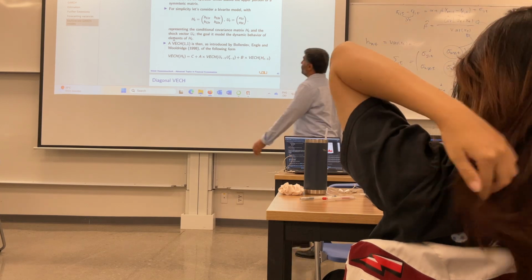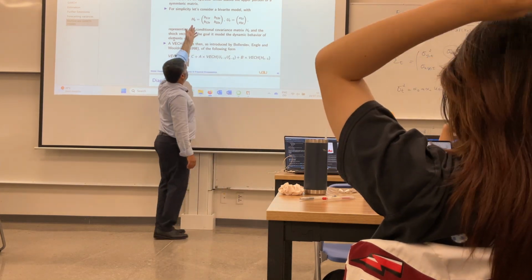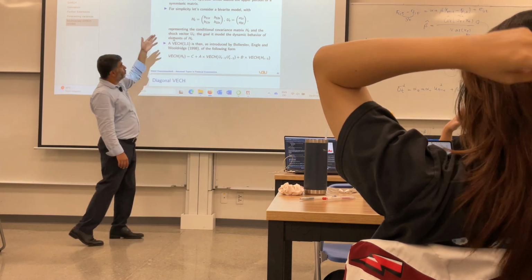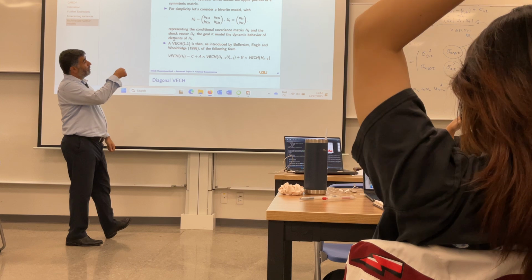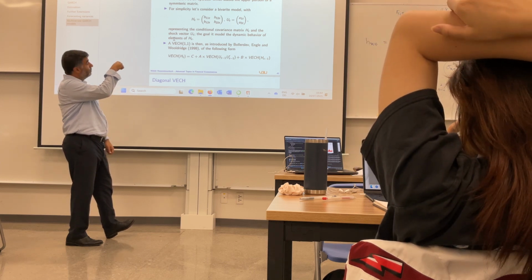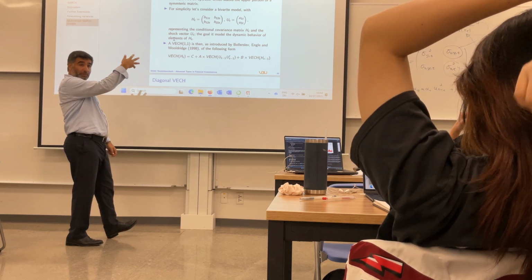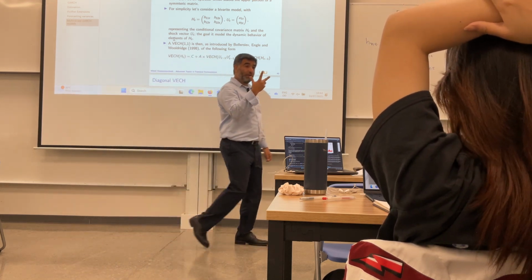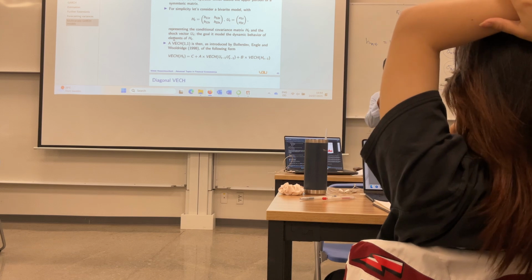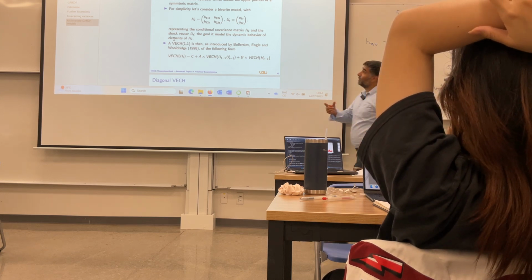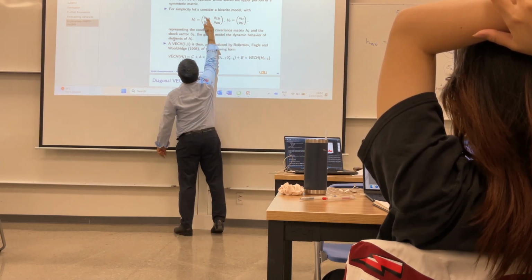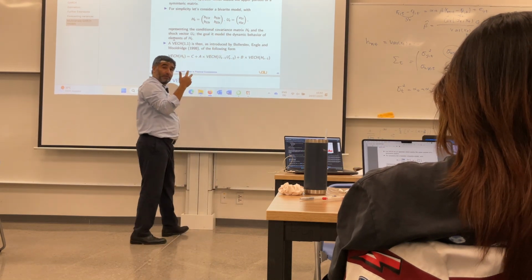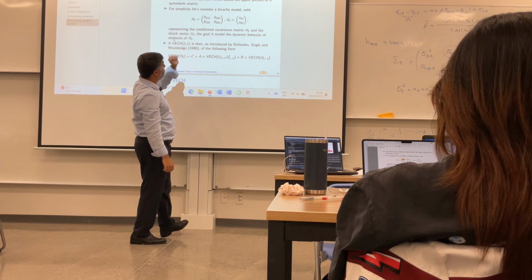So let's see. If I have a bivariate model, then we have the heteroscedasticity looking like so: H11, H12, H12 (that's symmetric), and H22. So there are 3 elements that we have to model. We don't need to look at all four processes.